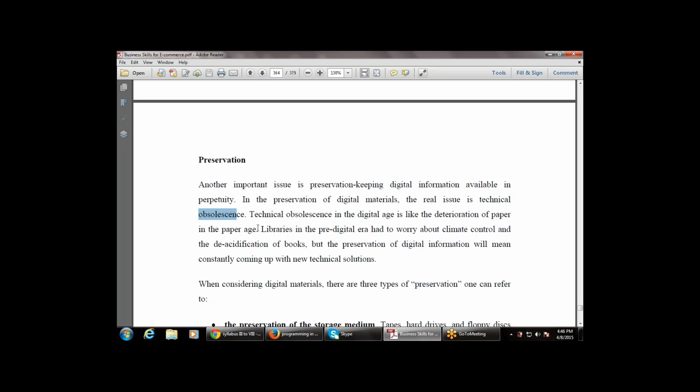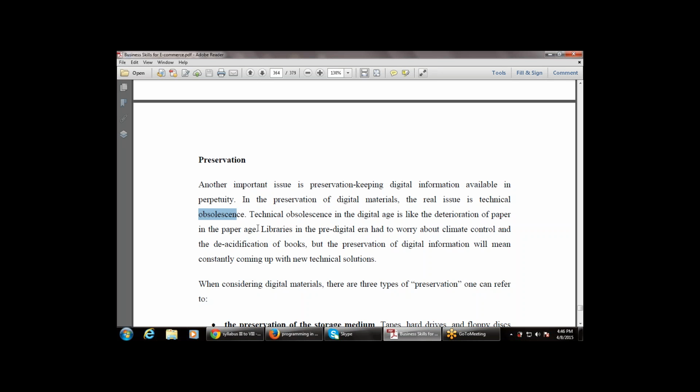In order to preserve, the real issue is that the techniques will become outdated. Technical obsolescence in the digital era is like the deterioration of paper in the paper age. Libraries in the pre-digital era had to worry about climate control and the de-acidification of books, but the preservation of digital information will mean constantly coming up with new technical solutions.